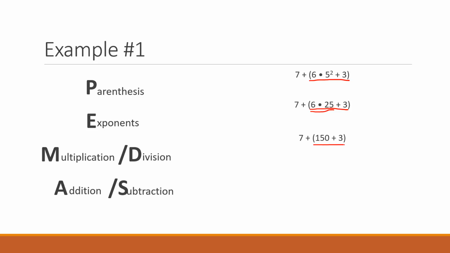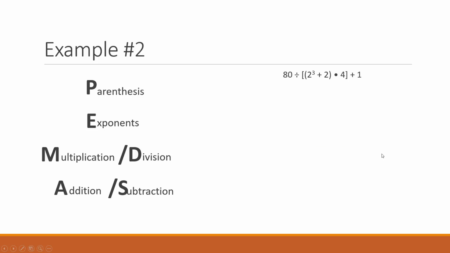So we have to solve what's in the parentheses first. And 150 plus 3 is 153. And at the very end, we're left with just 7 plus 153, which is 160. So really, that is all that you need to do to be able to solve a problem like that. All right, let's look at another example, one a little bit more difficult.